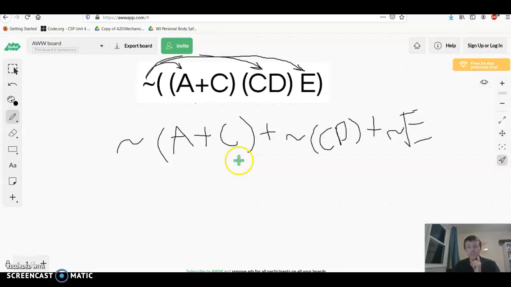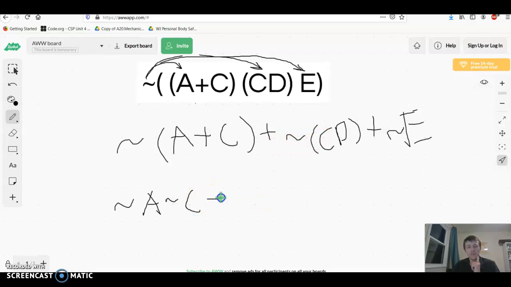Now, the tricky thing is you can apply it again if you really wanted to. So we could once again say, okay, let's do De Morgan's law on this part of our equation. There's nothing to do here. That one's done. So let's see. We could say this is the same thing as not A, and this or becomes an and, not C. Ta-da!